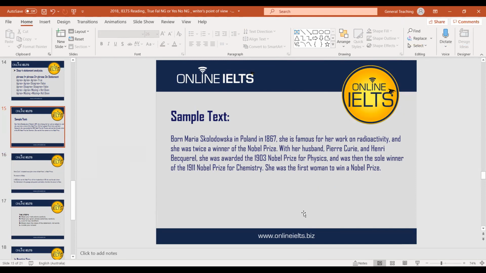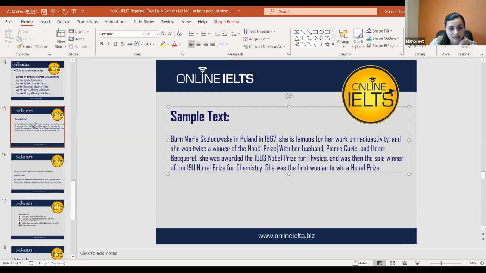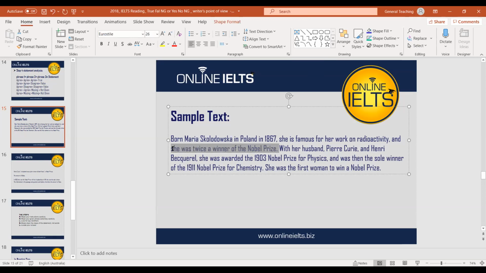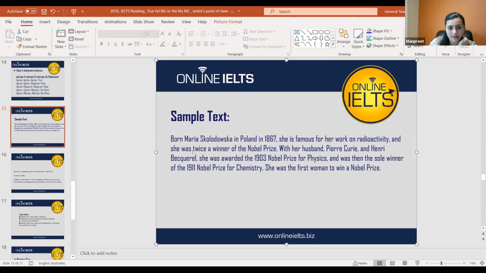In the third line, the last two words are "sole winner." So it clearly states that she is the only one who won the second Nobel Prize. Okay, yes. Here they're definitely talking about Marie Curie, and then they said she was twice a winner of the Nobel Prize.